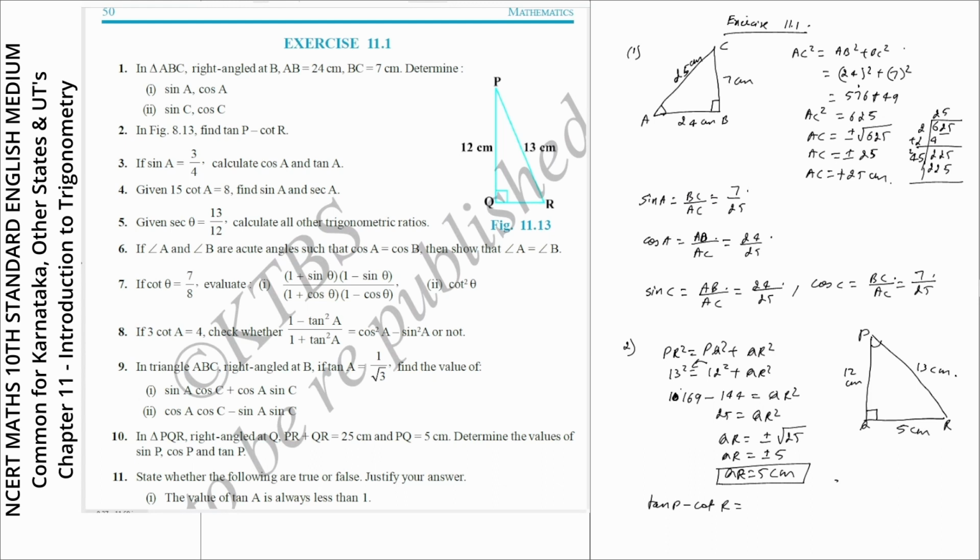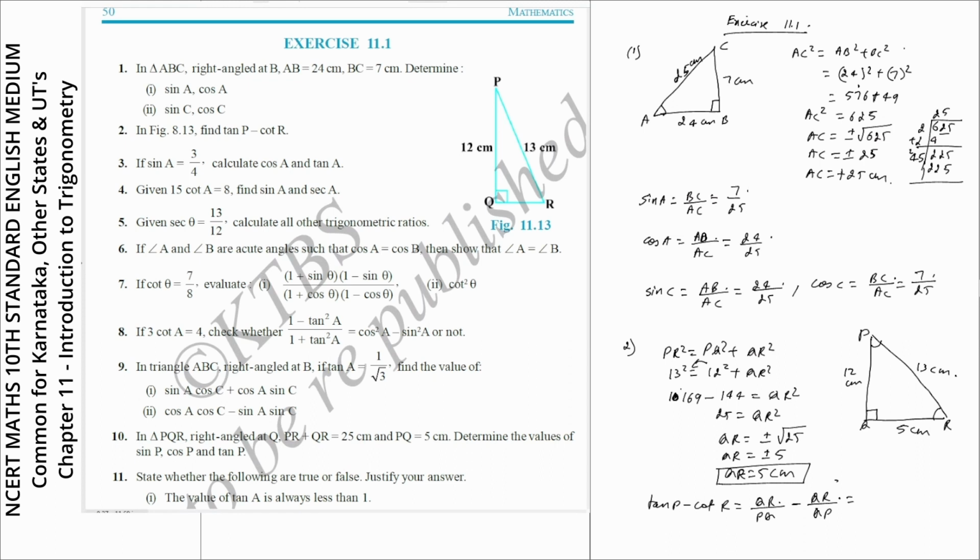With respect to angle P, tan P is opposite by adjacent, that is QR by PQ, minus cot R. So with respect to angle R, cot R is adjacent by opposite side, that is QR by QP.